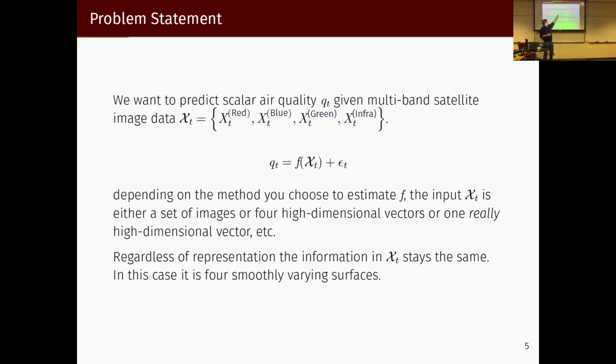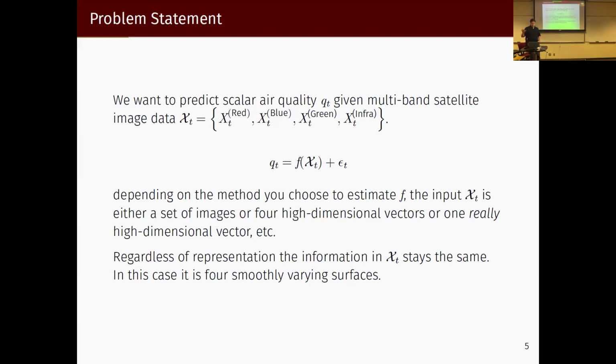Q_t is equal to some function of, I'm abusing notation, the collection of the images plus some noise. Depending on the approach you take, the inputs X could either be the images themselves, like if you're doing a convolutional neural network, or 4 high-dimensional vectors, or 1 really big high-dimensional vector. But regardless of the approach, the information is always the same.